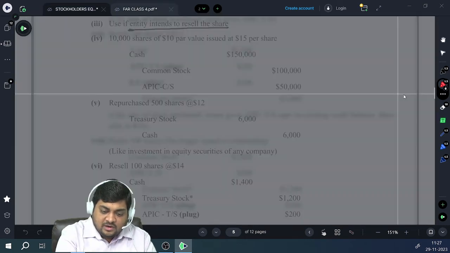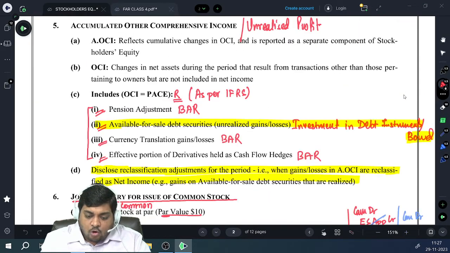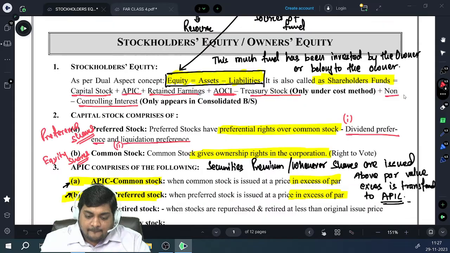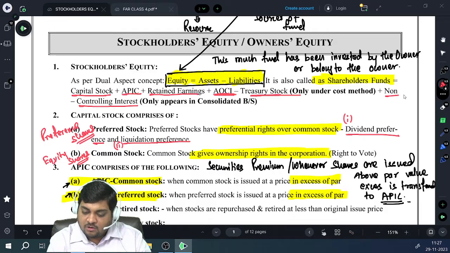If you see carefully, in my first lecture I have already shown you how this stockholders equity is calculated. Minus treasury stock under cost method.